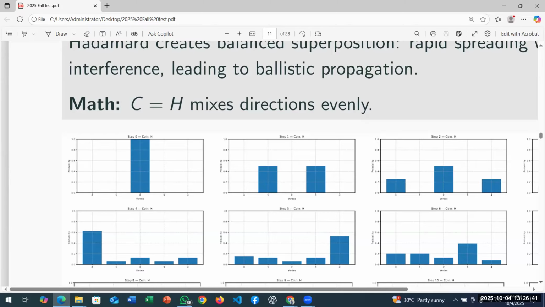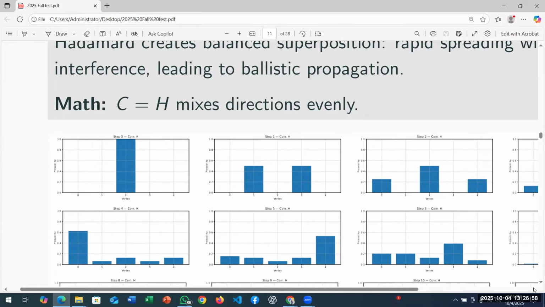At step 0, there is 100% probability. That's why we have step 0 to have this. At step 1, something happens here. We can see that the worker has moved from vertex 2 into 2 different vertices, 1 and 3.